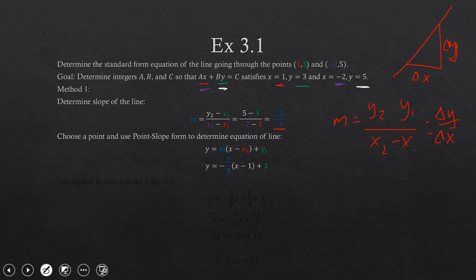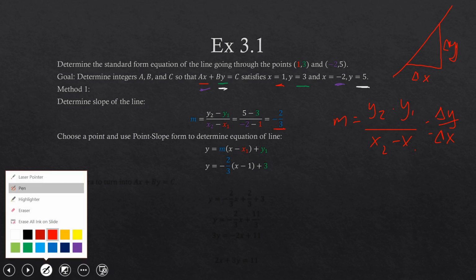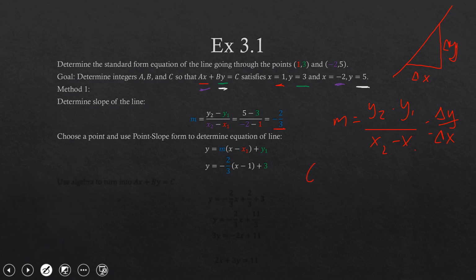And we would actually end up getting the same equation if we were to plug in -2 and 5, so I would encourage you to check that. You get the same equation when you use the other point. Okay, so you can check that one.